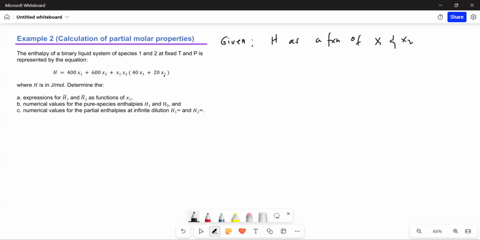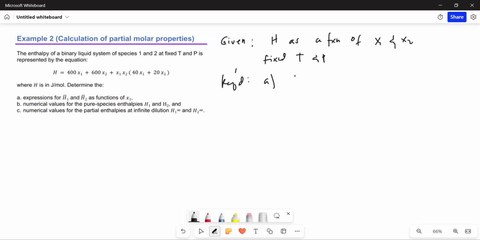And then we're also given the assumption: fixed temperature, fixed T and P. Okay, so that's about the given in the problem.